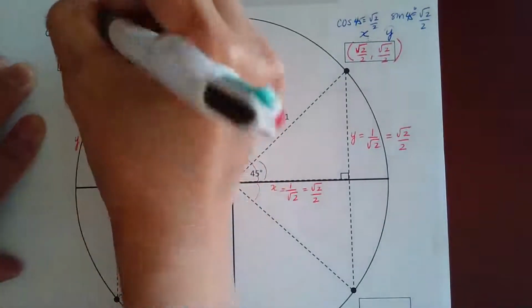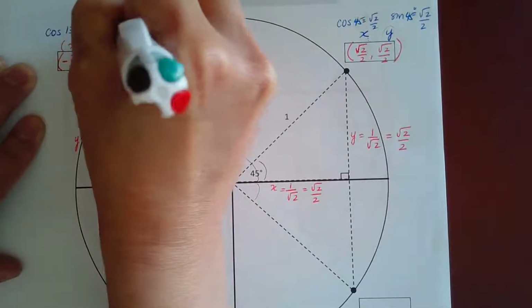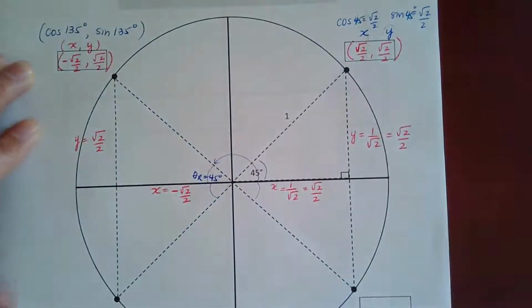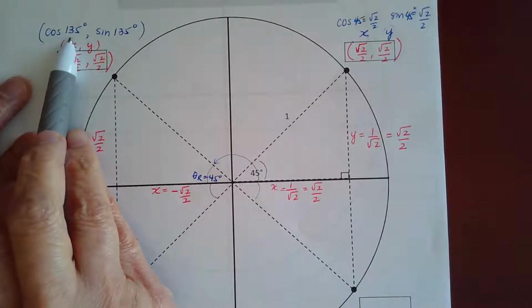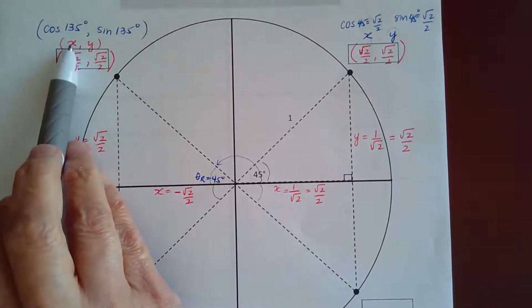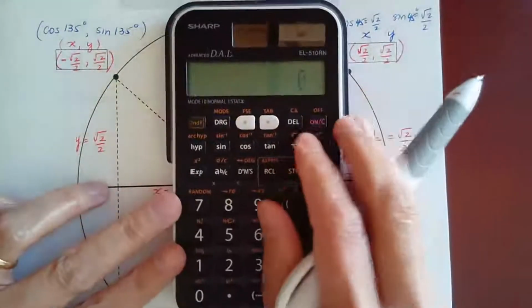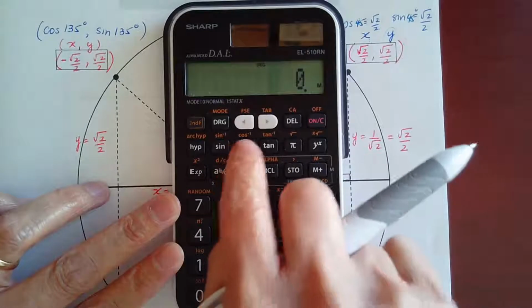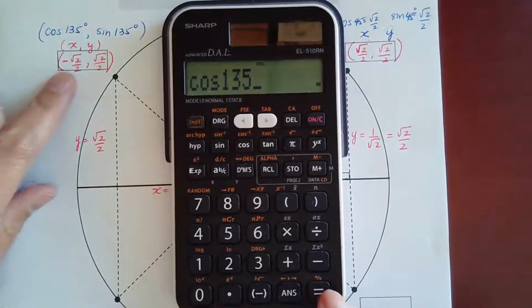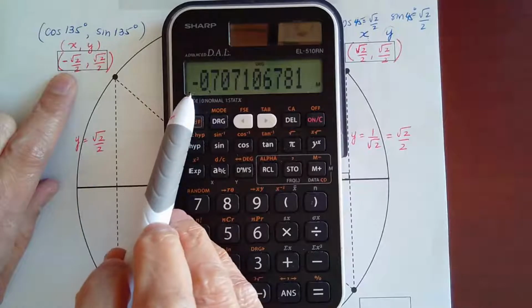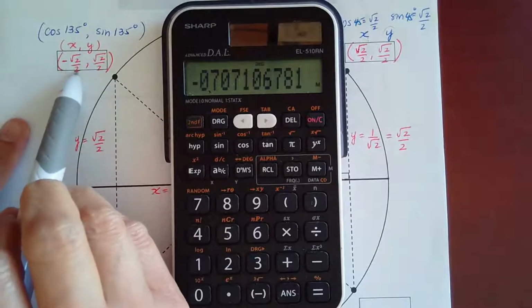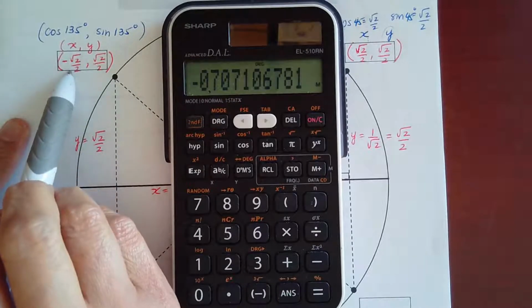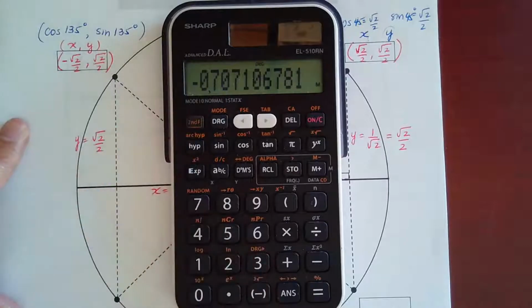And then the y would be the sine of 135 degrees. So when we put in the cos of 135 on our calculator, we're going to end up with a negative value, negative 0.707. If we type this in, this is the approximate value of the exact value negative root 2 over 2.